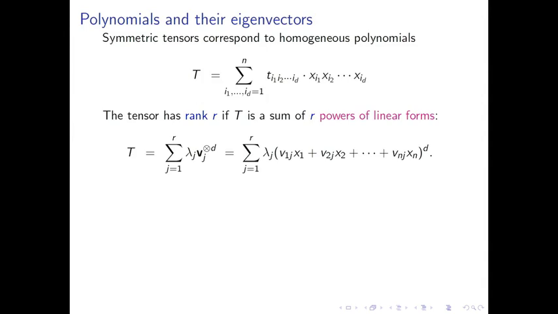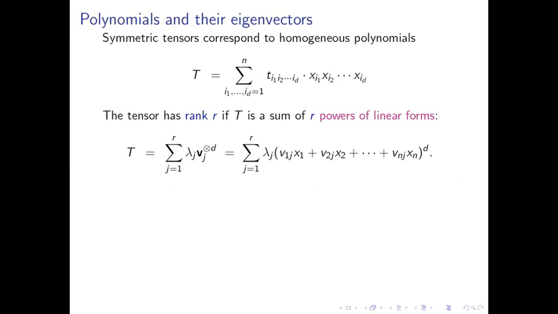Now let's get to eigenvectors slowly but surely. Now the best way in my view to do this is to identify symmetric tensors with homogeneous polynomials. So if I have a symmetric tensor, I can equivalently write it as a homogeneous polynomial of degree d in n variables, x1, x2 up to xn, where the entries of my tensor are simply the coefficients of the polynomial, and that's a bijection, right?